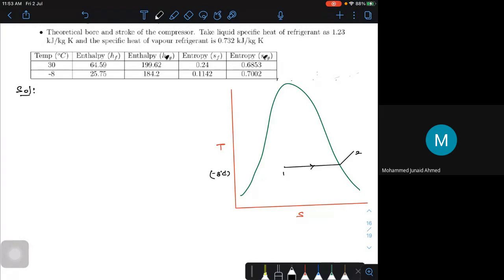From there, it is compressed like this. So this is your point 3. Then it is rejecting heat in the condenser.